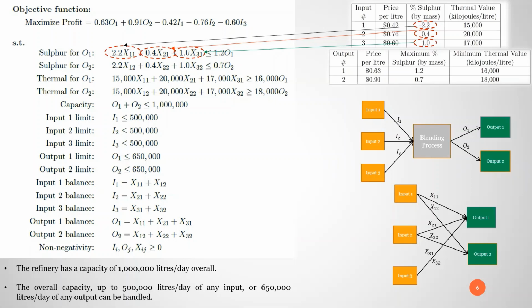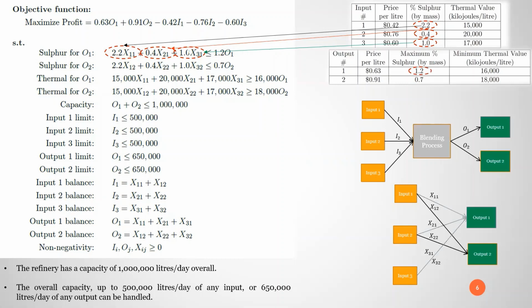Based on that, we will have 2.2 x11, which shows the amount of input number 1 being used in output number 1, and then the amount of input number 2 being used in output number 1, and then the amount of input number 3 being used in output number 1. The summation of these 3 elements should not exceed the whole amount of sulfur in output number 1. The second constraint is the same as this one.